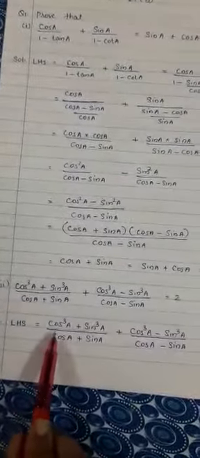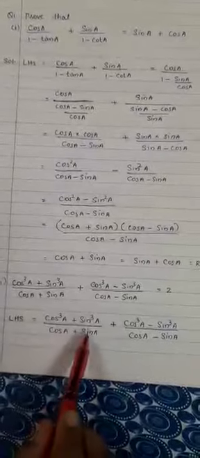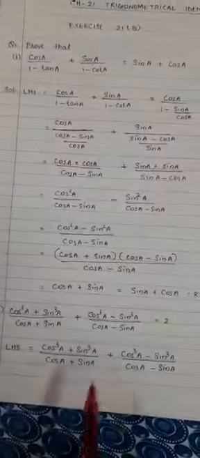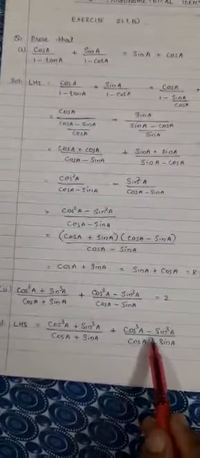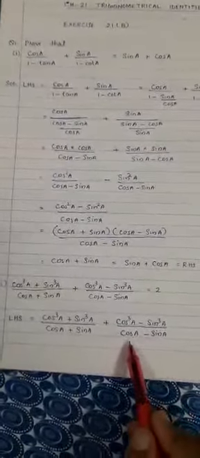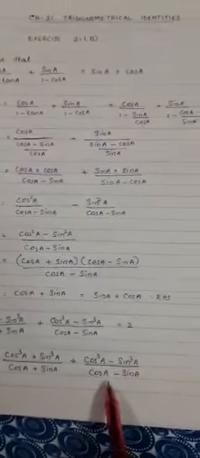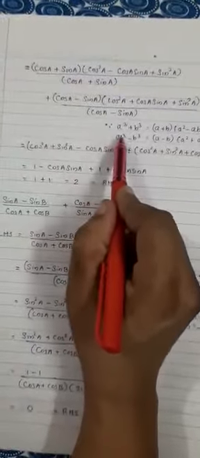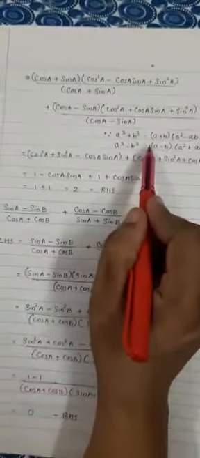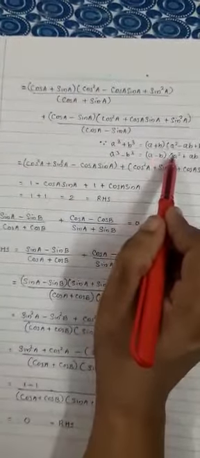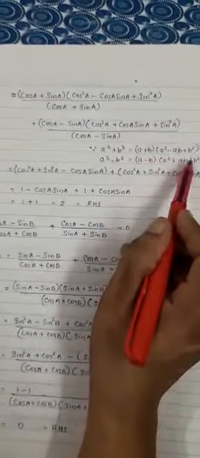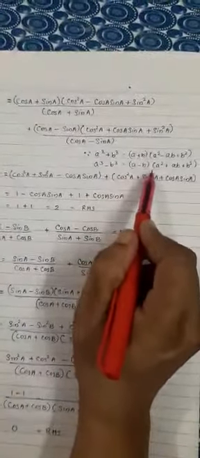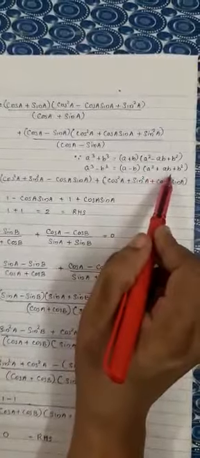LHS equal to cos cube A plus sin cube A divided by cos A plus sin A plus cos cube A minus sin cube A divided by cos A minus sin A. Since a cube plus b cube is equal to a plus b into a square minus ab plus b square, a cube minus b cube is equal to a minus b into a square plus ab plus b square.